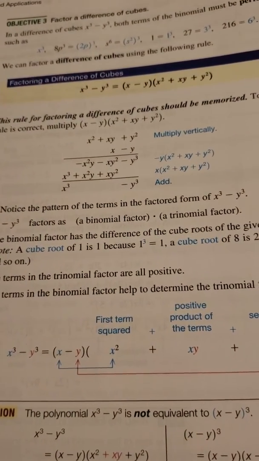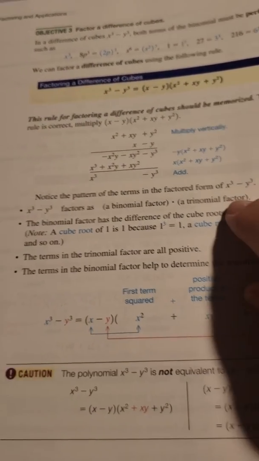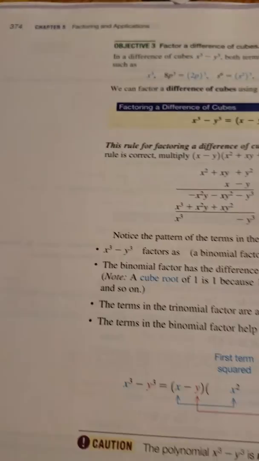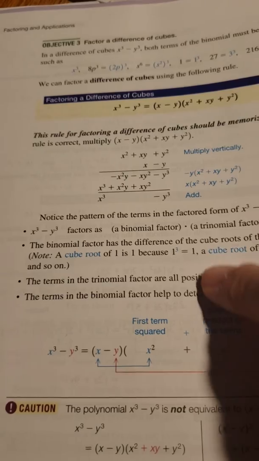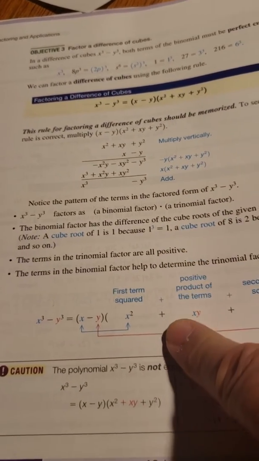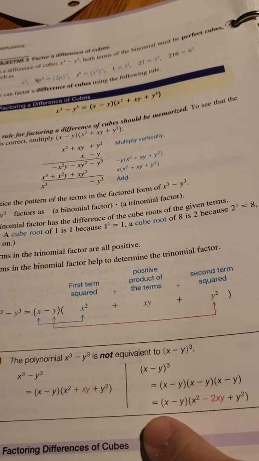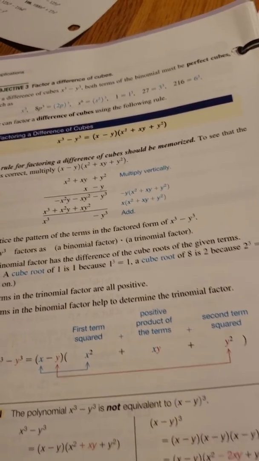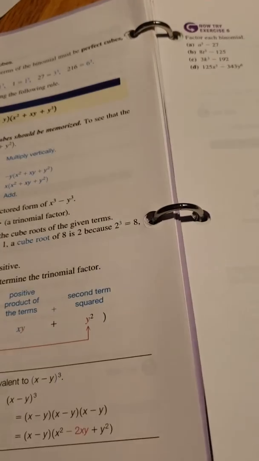If you want to see some reason of why it is that way, in your book on page 374, there's an explanation of why it follows the pattern that it does. And then there's some examples worked out of factoring the difference of cubes.